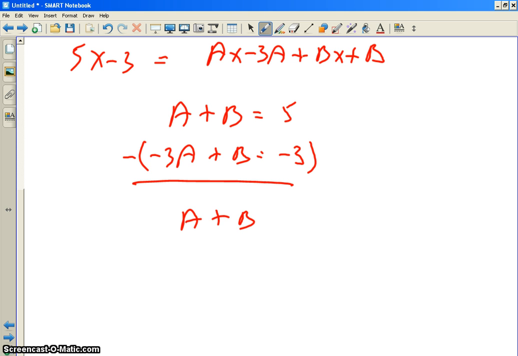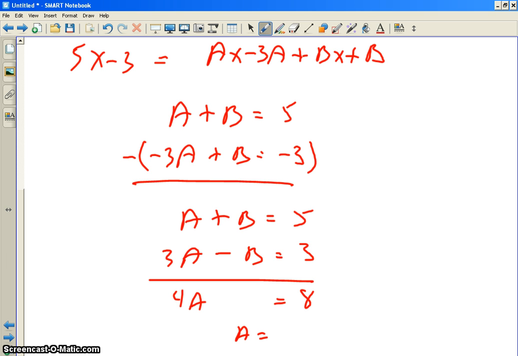A plus b is 5, and then the bottom becomes 3a minus b is 3. Add, and you get what? 4a is 8, so a is what? 2. And if you plug in a is 2, what does b have to be? 3. So b is 3.